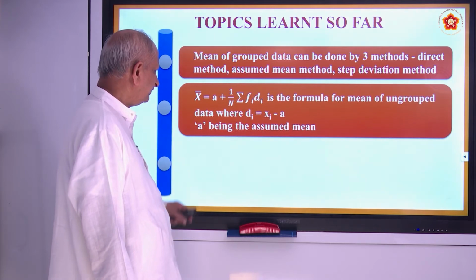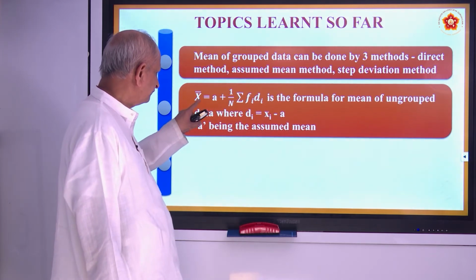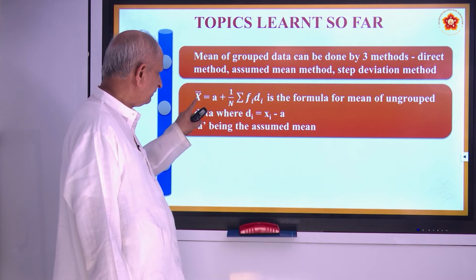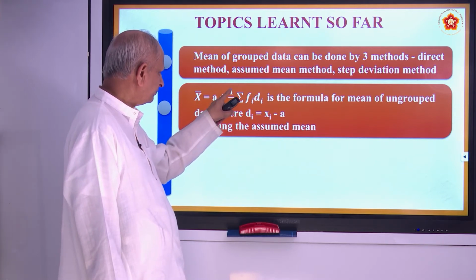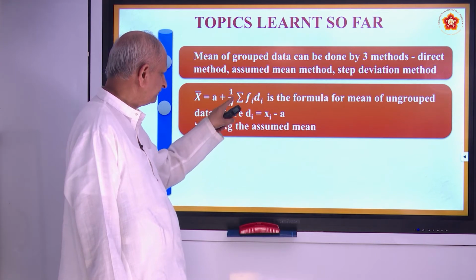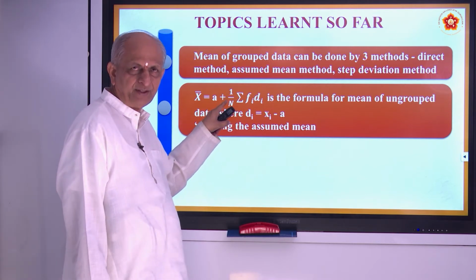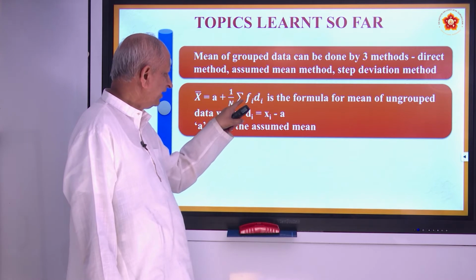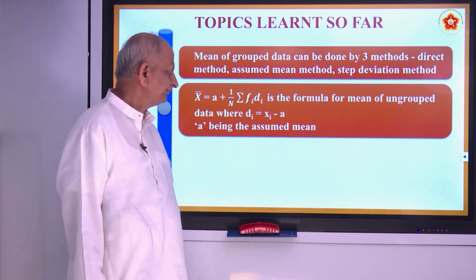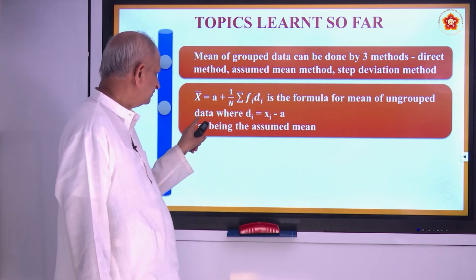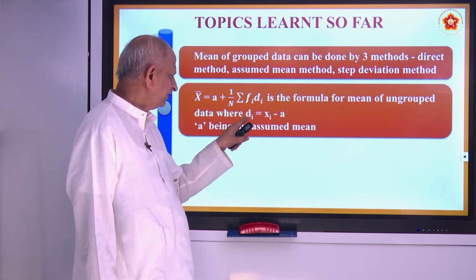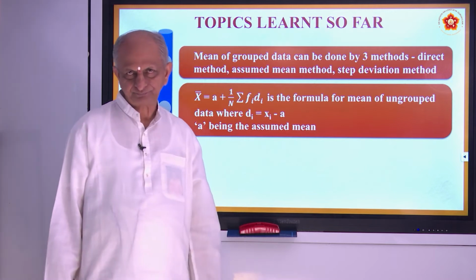The formula is x bar is equal to A plus 1 by n sigma fi into di, where x bar is the mean, A is the assumed mean, and n means the total number of frequencies. Here di is called the deviation.